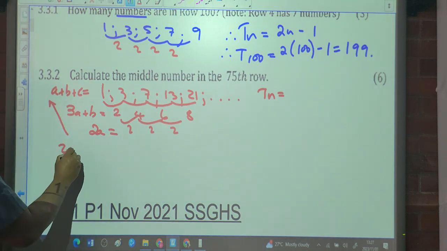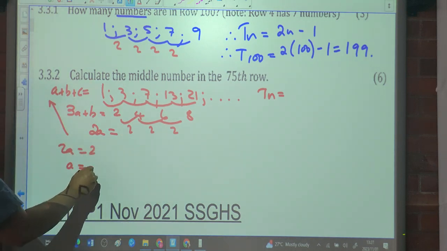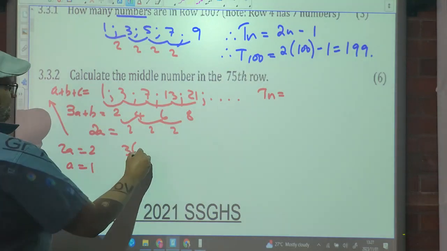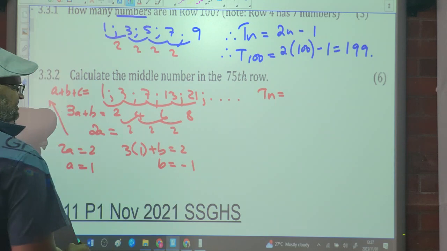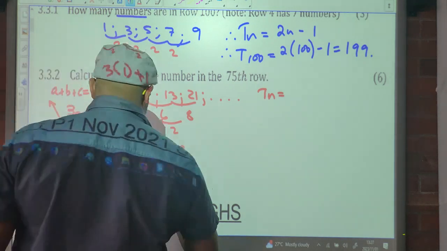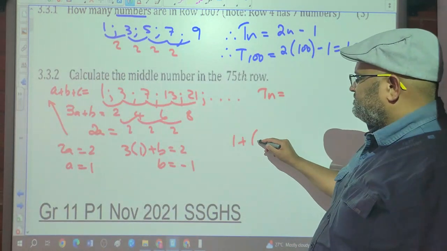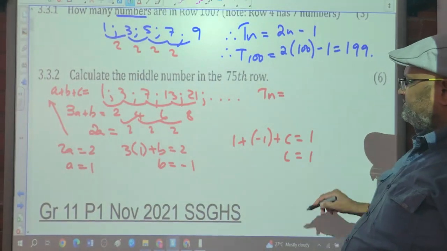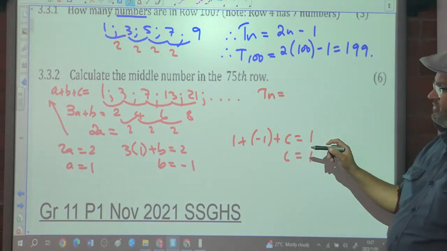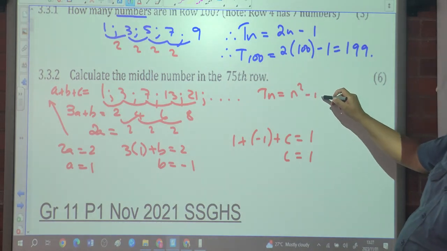So we have 2a is equal to 2, so a is equal to 1. So 3 times 1 plus b is 2, so b is negative 1. So a plus b plus c is equal to 1, so c is equal to 1. So the general formula here is going to be n squared minus n plus 1.